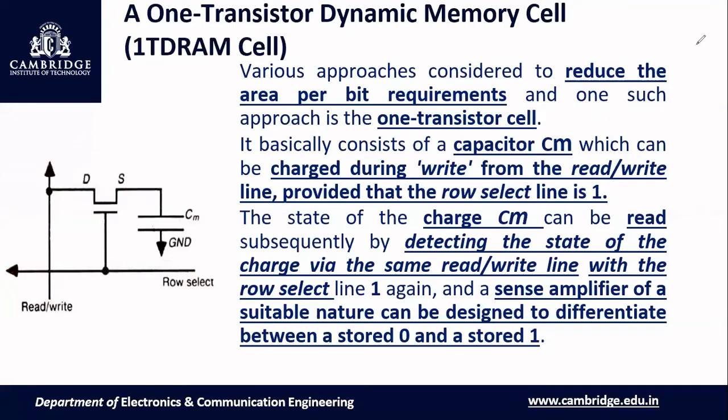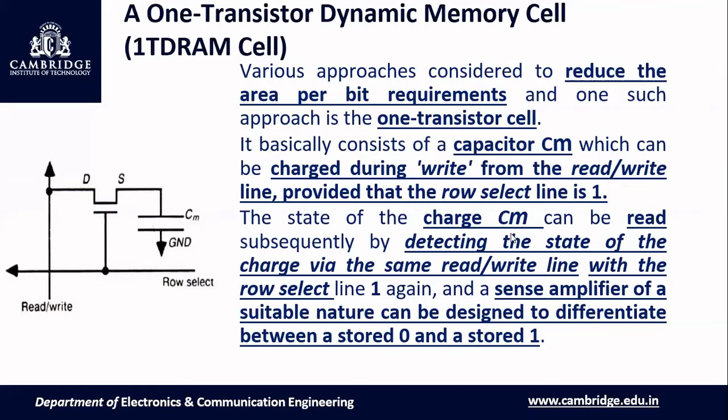This memory has only one transistor. Various approaches were considered to reduce the area per bit requirements, and one such approach is the one transistor cell. It basically consists of a capacitor CM, which can be charged during write from the read or write line, provided that the row select line is high.